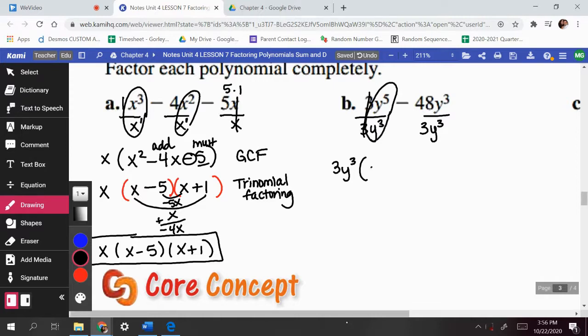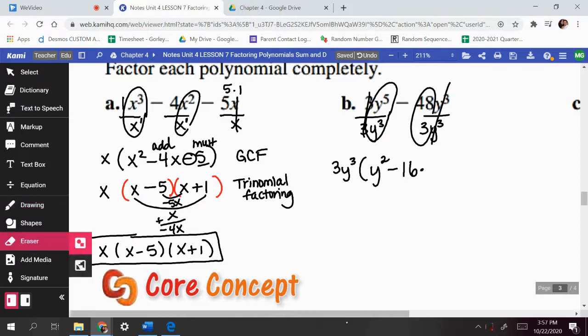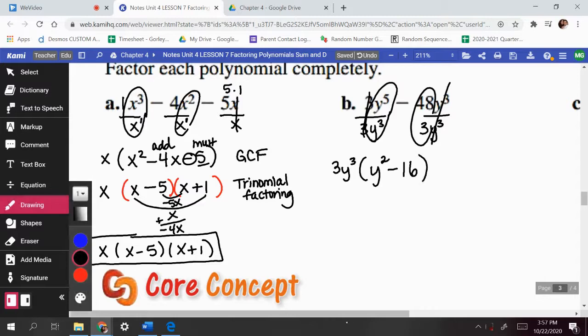Here, if I subtract the exponents, we'll get y squared. 48 divided by 3, what is that going to be? That's going to be 16. And y cubed divided by y cubed, those cancel out and give me 1. I could write times 1 if I wanted to, but it's not necessary. Anything times 1 is just itself.